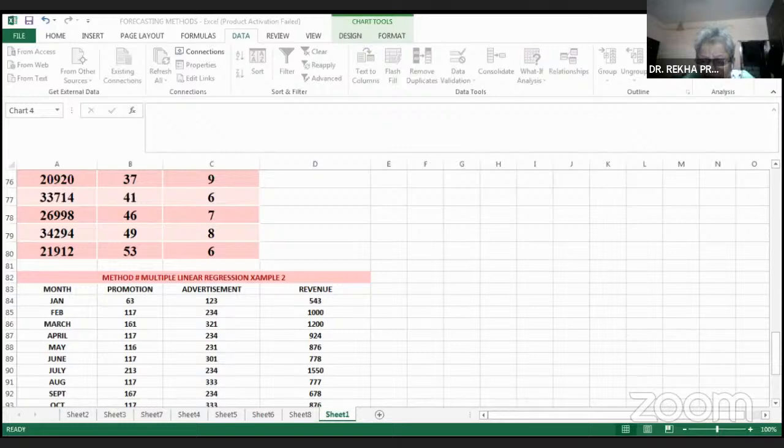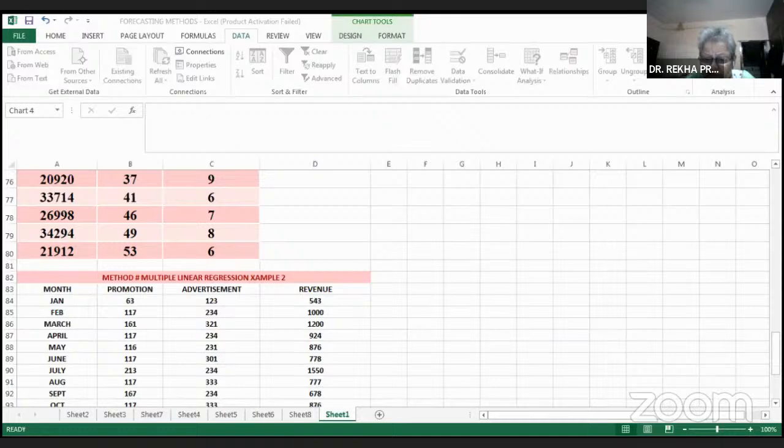Data analysis gives you so many options. You can do ANOVA, two factor without replication. You can do correlation. You can do covariance. You can do descriptive statistics, that is mean, median, mode. Exponential smoothing you can do. F test for sample variance you can do. Moving average also you can do from here.